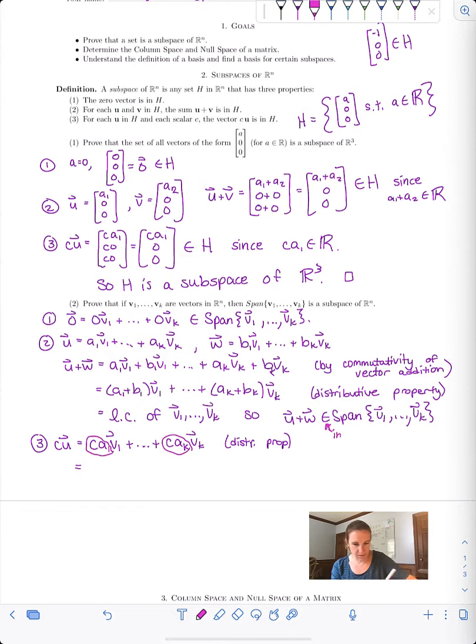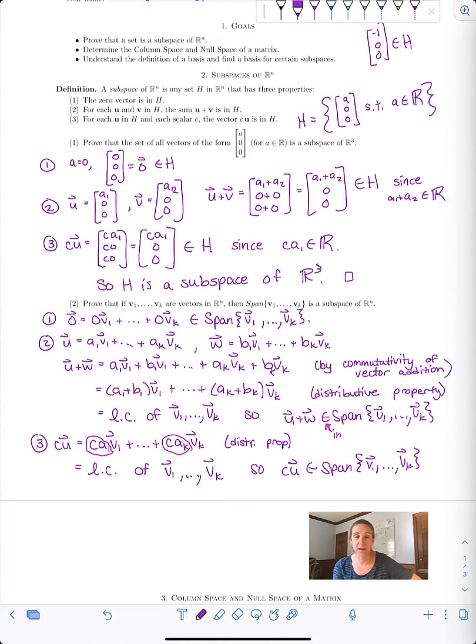So this is a linear combination, again, of our vectors v1 through vk. So a constant times a vector is also in the span. And so we have that our span is, in fact, a subspace of Rn, which is nice because now anytime you want to show that something is a subspace, if you can show that it's a span of something, then you're done.